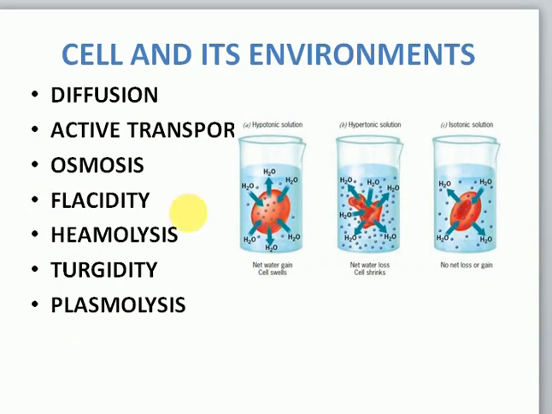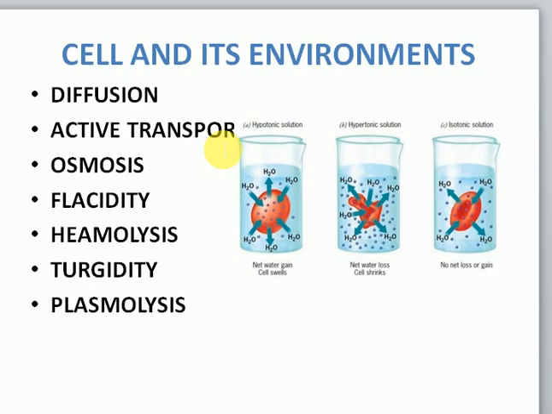These are the factors. Now, to start with, if you've seen a video on cell, we've explained parts of a cell, the cell membrane that is semi-permeable, and some other organelles it has.